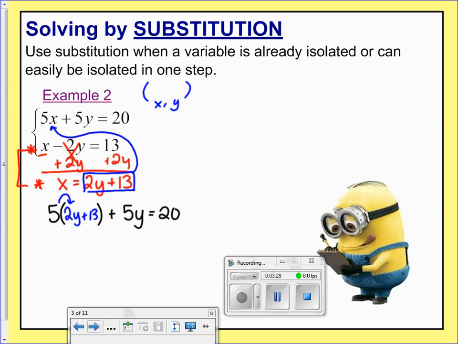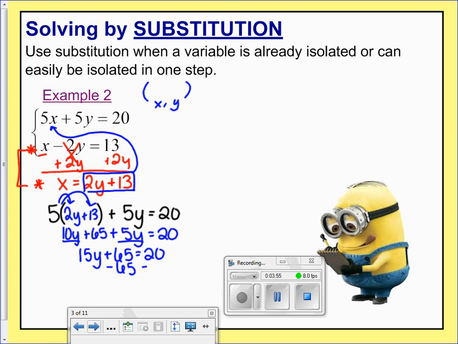Well, now let's solve. Distribute 5, so I get 10y plus 65 plus 5y equals 20. Let's combine our like terms. Even though they're not side by side, we can add in any order, which is the commutative property. So I have 15y plus 65 equals 20.